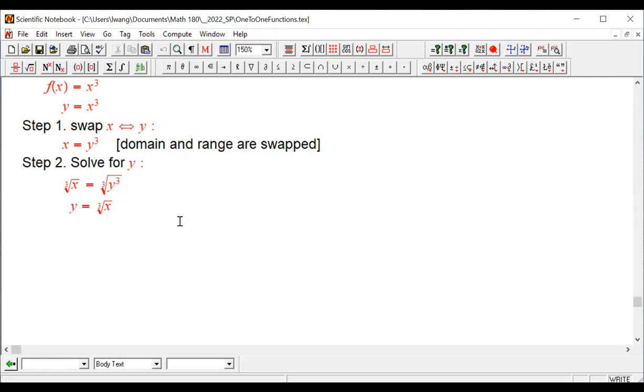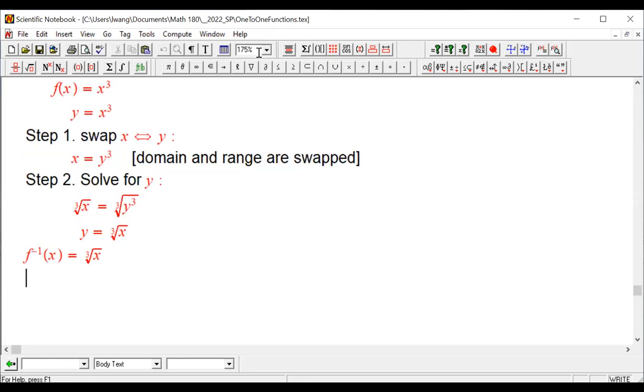For this new function, we're going to have a name for it. It's called f inverse of x equals the cubic root of x. You don't see a negative sign in the inverse function notation.